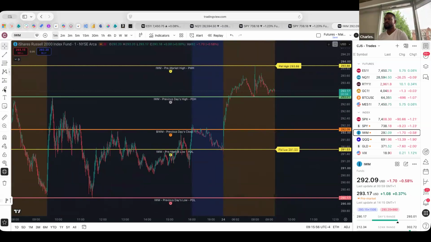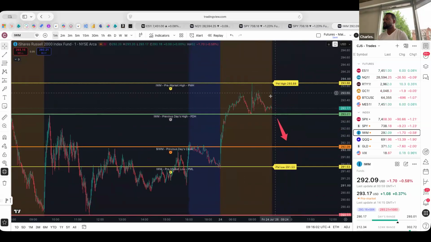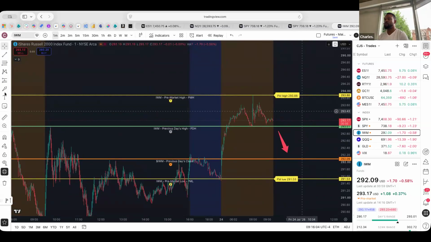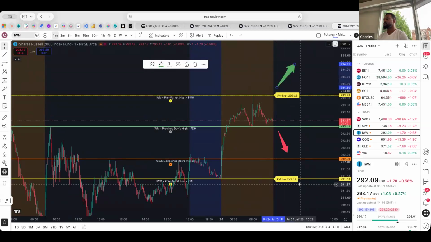Trade idea. Obviously, you can see if we break previous day high, we're coming down to previous day close. I'd like to see us clear this place for calls to the upside. Here can be the range because it looks very choppy around here.